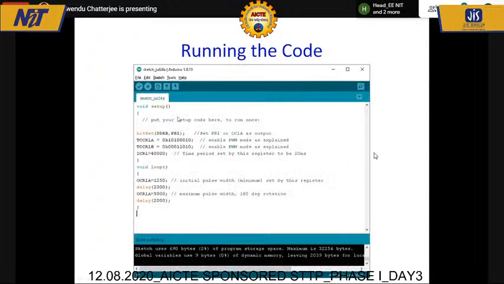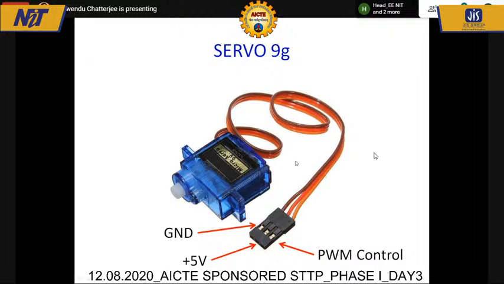So what we will do, we will paste our code here, compile it with this button, and before uploading again we need to set this servo hardware. Remember that this brown pin was ground, red pin was at 5 volt, and this orange pin was at PWM control.